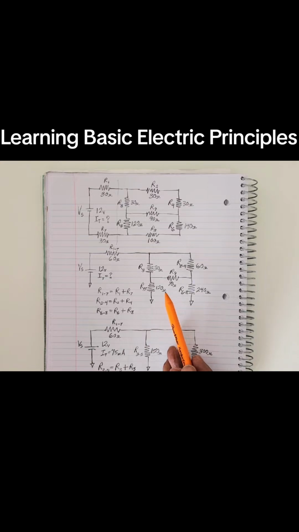Why does that matter? Because this resistor, there's no current flowing through it. So it's irrelevant to the circuit.